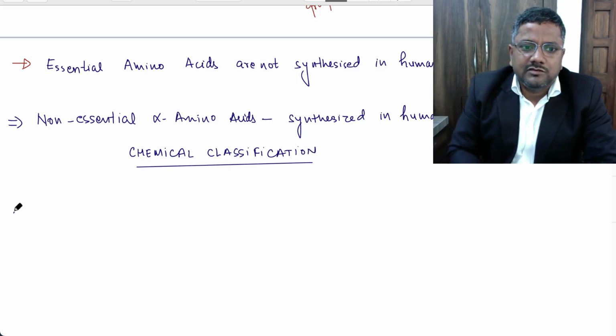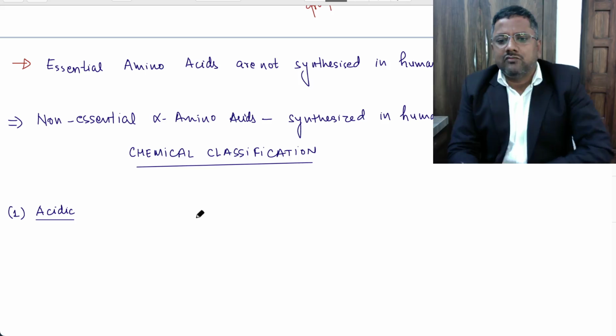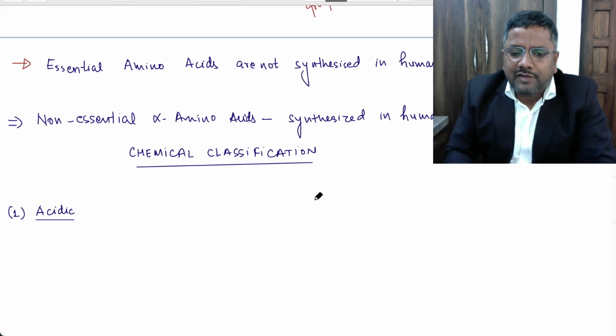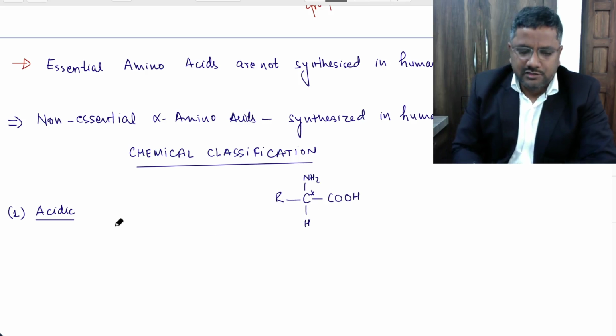So number one, acidic. Acidic amino acids have more than one acidic group. I am taking the general structure R, C, NH2, COOH, and H, right?